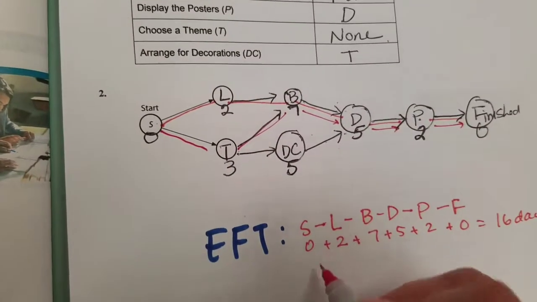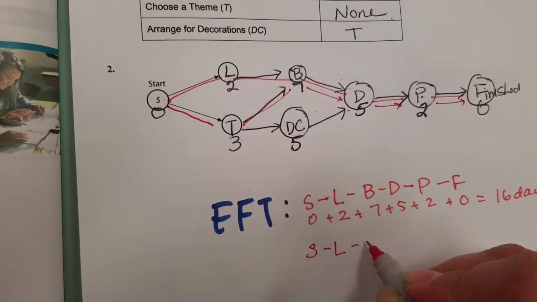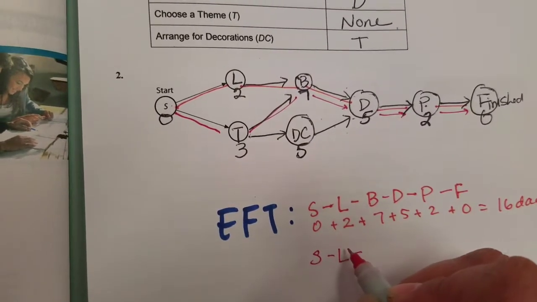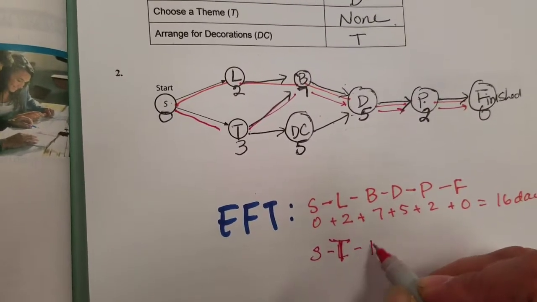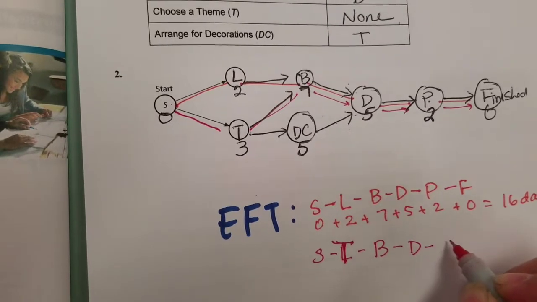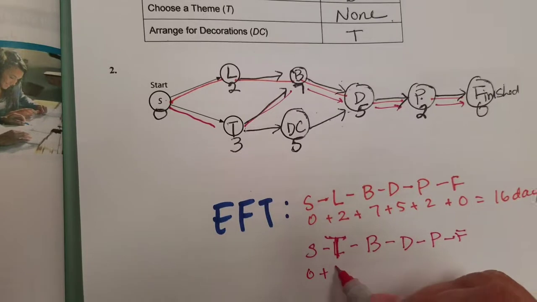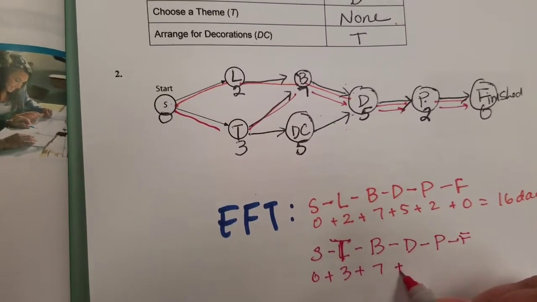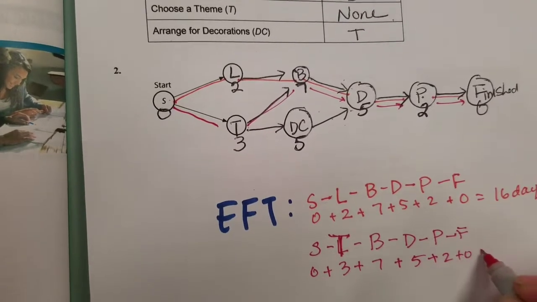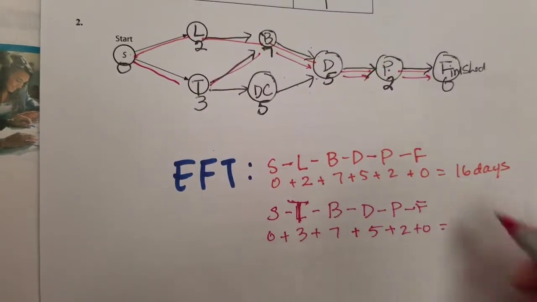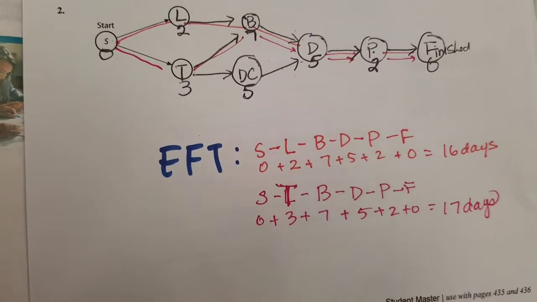That would give me S, T, B, D, P, F, which ends up being 3 plus 7 plus 5 plus 2 plus 0, which ends up being 10 plus, that would be 17 days.